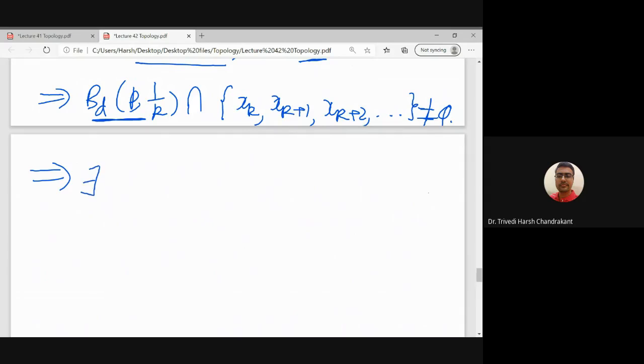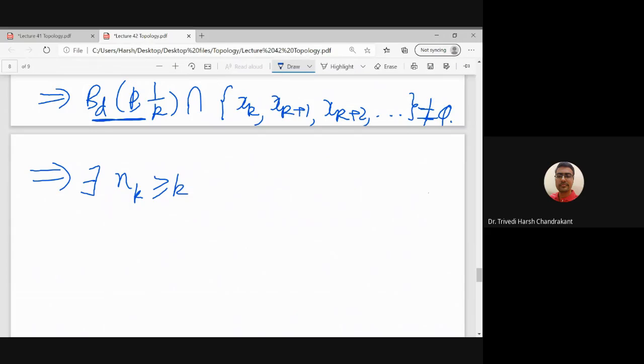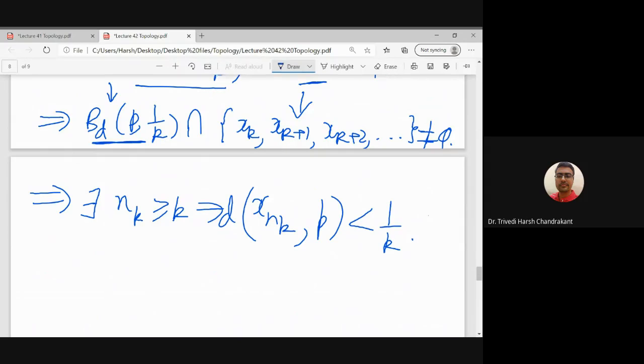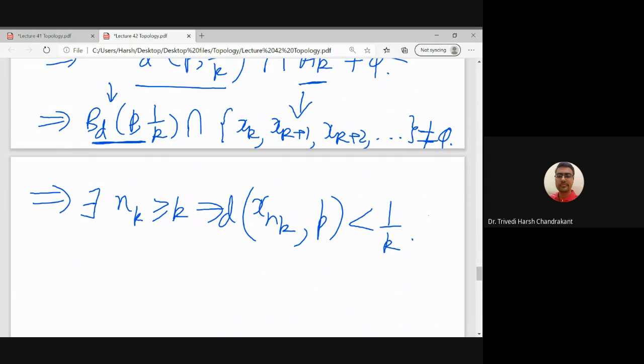In other words, there exists a natural number n greater than or equal to k such that the corresponding xn, which is an element of this set, is also an element of the ball. So that means xn, its distance from the point P, is less than 1 upon k. Right? That is the meaning of the element xn being in this set.